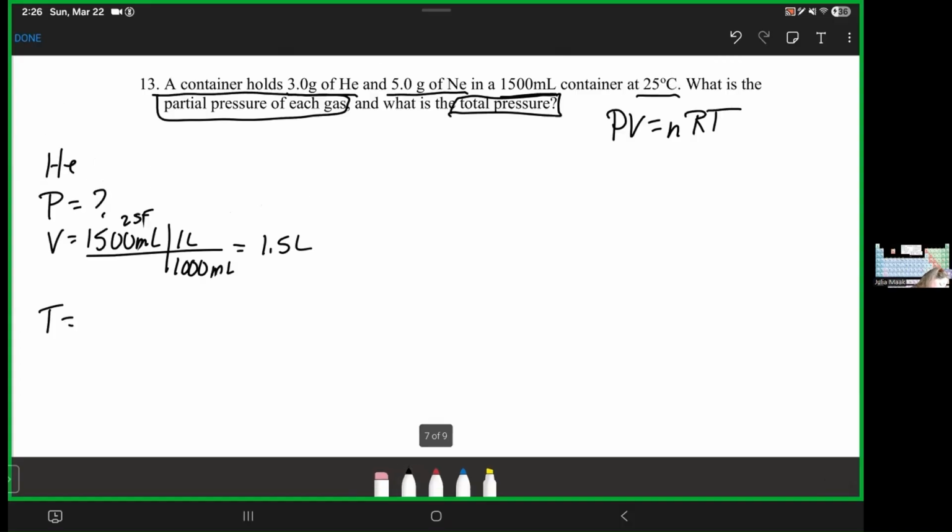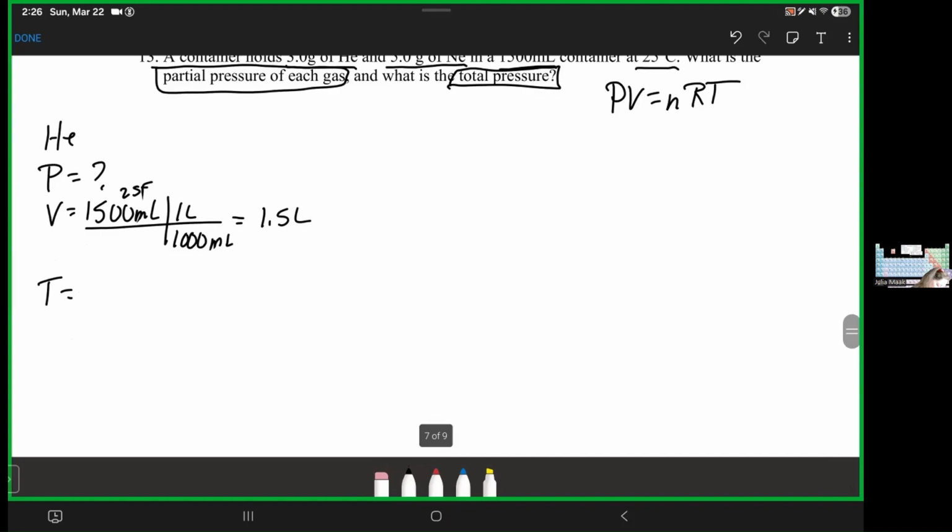My temperature is 25 degrees Celsius. So we're going to add the 273. I'm leaving off the 0.15 because there's no decimals in my temperature given. So that's 298 K.